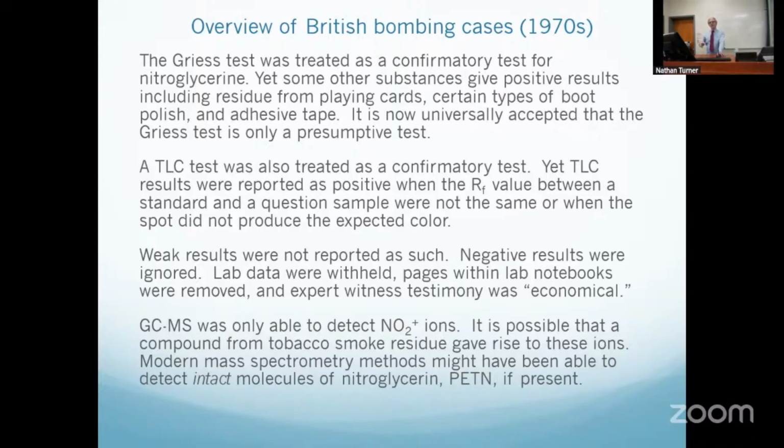And even when some of it was turned up, there was an '87 appeal for the Birmingham Six. That one failed. It wasn't until 1991 that a subsequent appeal finally succeeded. So we really need a historian of science, or a historian of forensics, not so much me, to really get into the nitty gritty here.